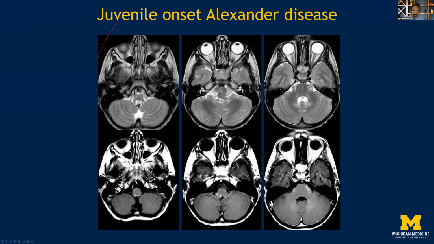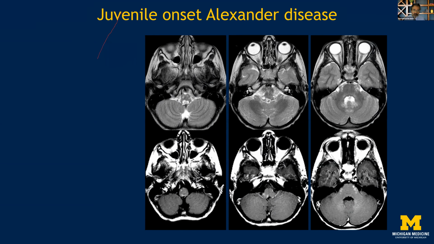This is classically presenting with bulbar or pseudobulbar symptoms. Patients present with extensive vomiting. When we give contrast material, these lesions will show some enhancement, and this is the juvenile onset Alexander disease. In contrast to the kids of infantile onset, the head in these patients can be normocephalic.